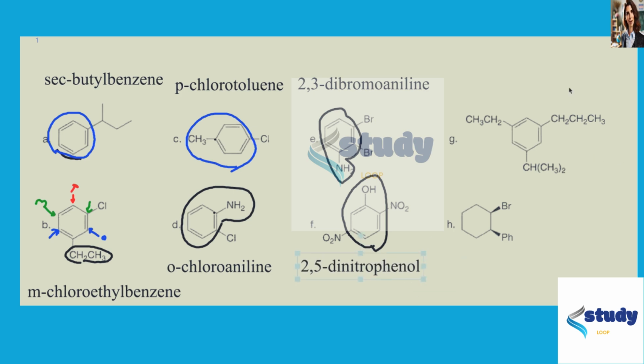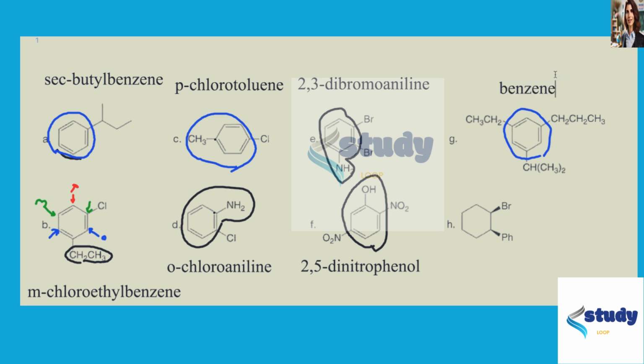Now what about for G? Well, G is kind of interesting. We don't have anything that we can identify as a toluene or an aniline or a phenol. So it seems that for G, our parent chain truly is just the benzene ring. So we just write benzene.